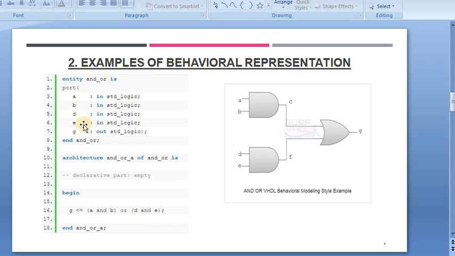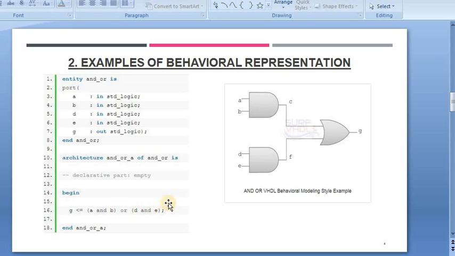Then ports are specified such as A, B, C, D, E, and G. Then the entity is closed. Now the architecture is defined with the logical expressions of G. What is G? It is the final outcome of this logical diagram, which is shown at right. Then the architecture is closed. In this way the behavioral modeling is done.